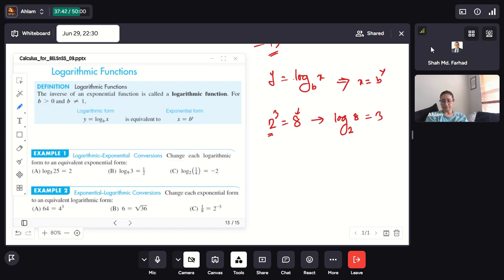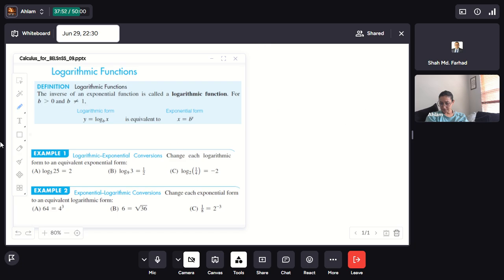What does it mean? Here we convert 8 in terms of base 2.